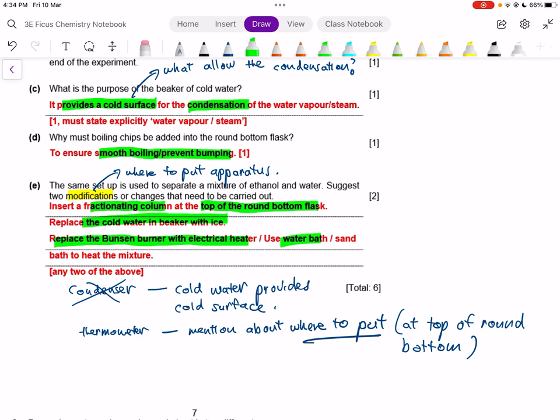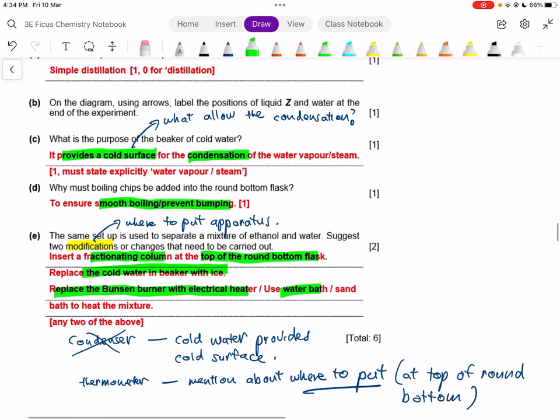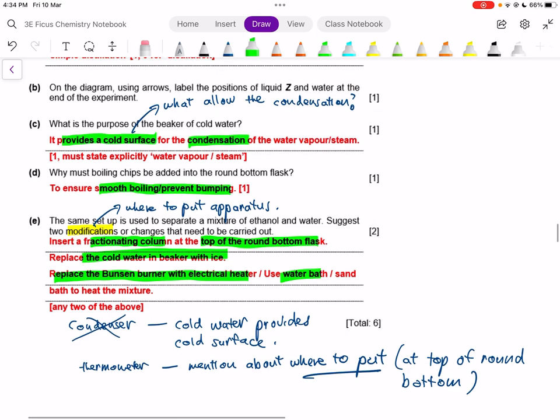Most of the mistakes come from not telling me where you put it, or simply saying condenser, when the cold water already provides the ability to condense the vapor. Any questions you can post to me on Teams.